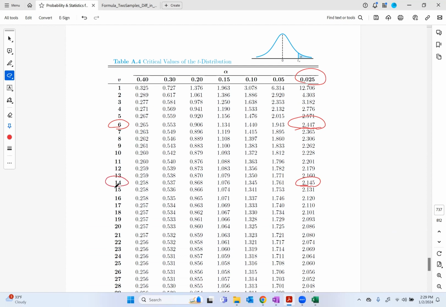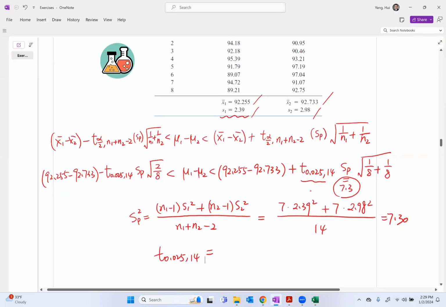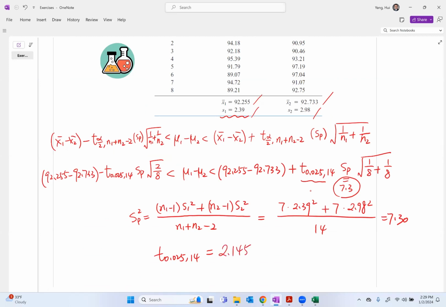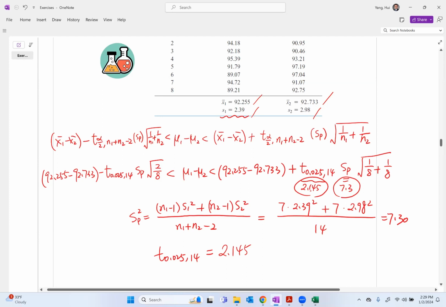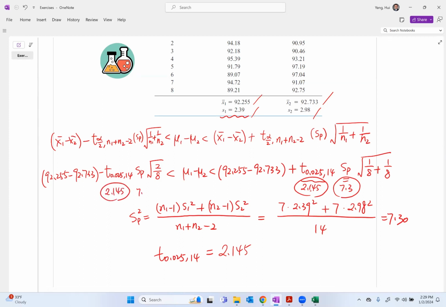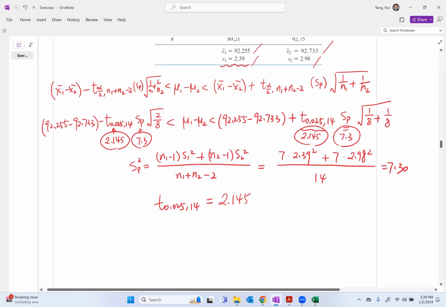Yes, this is the intersection: 2.145. We put this number, 2.145, here and 7.3 here, and then we plug in those numbers.